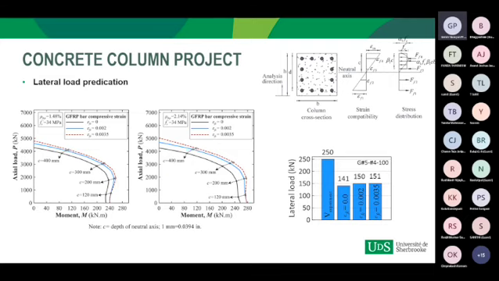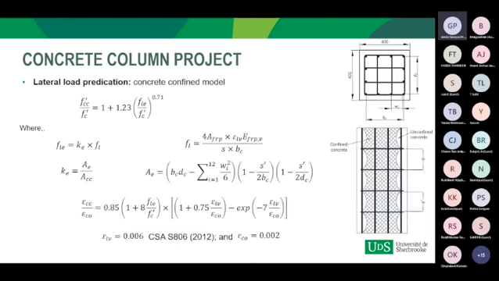And also the predicted lateral load was found to be conservative as compared to the experimental value, even when we consider the 2000 and 3500 microstrain in the glass fiber reinforced polymer bars. Therefore, the contribution of the transverse reinforcement was considered by using a confined concrete model. To develop this model, different tests were done to get the experimental values of the confined concrete and the normal concrete, and we did a statistical analysis to find a best fit equation.